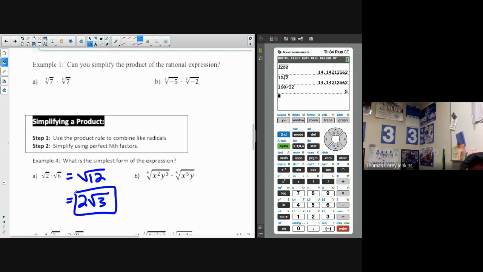Looking at the next one, obviously we have a higher root here, so that's going to be a little tougher. And again, I suggest multiplying first. So keep all this straight in your head. When we multiply, our exponent rule is that we add the exponents. So after we multiply here, we end up with the fourth root of x to the 2 plus 5 is x to the 7, and then y to the 3 plus 1 is y to the 4.